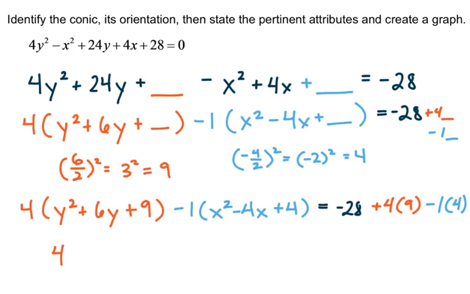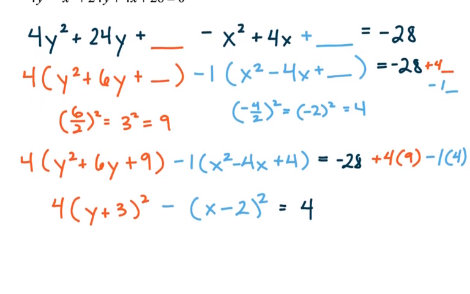Simplifying, I have 4 times y plus 3 squared minus x minus 2 quantity squared. And the number on the right turns out to be positive 4.